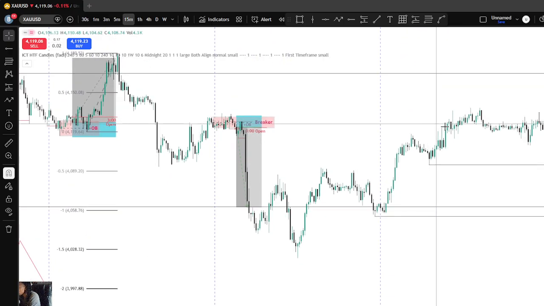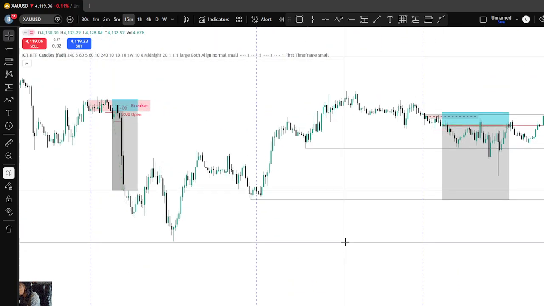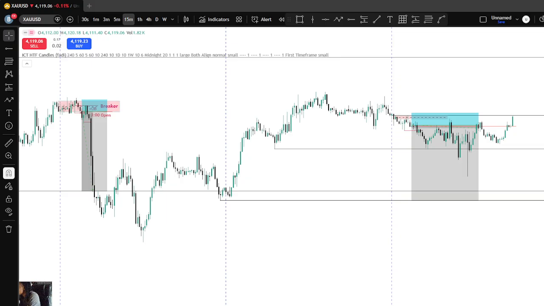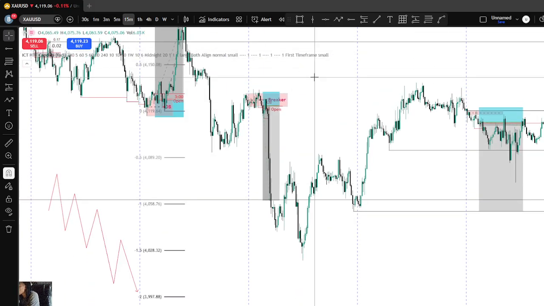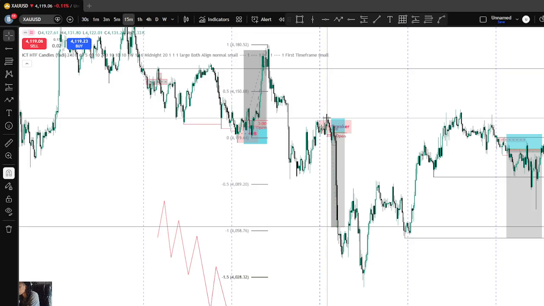So let's go and review Friday's trade. Friday's trade was the same thing. I was looking forward to this high, which was Wednesday's high. You can see how we ran it one time, first time, second time, then the third time, right? Then started breaking down lower.